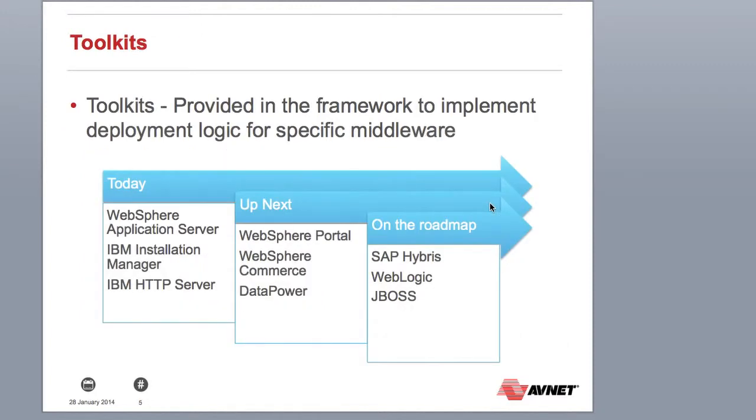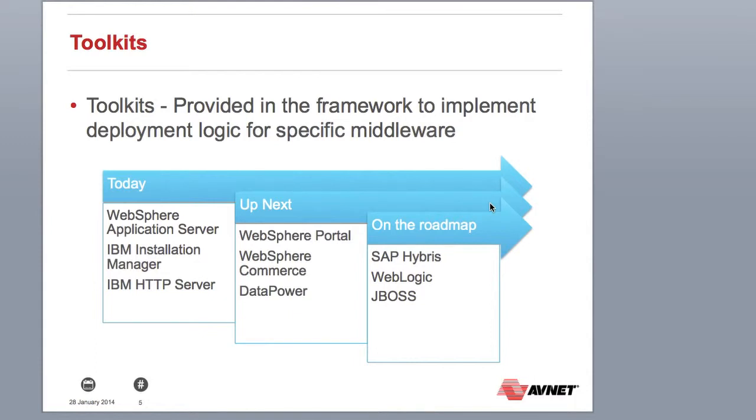So toolkits, to go a little bit deeper, today the product contains toolkits for WebSphere Application Server, IBM Installation Manager, and IBM HTTP Server. And what's coming up next for us is WebSphere Portal, WebSphere Commerce, and DataPower support.